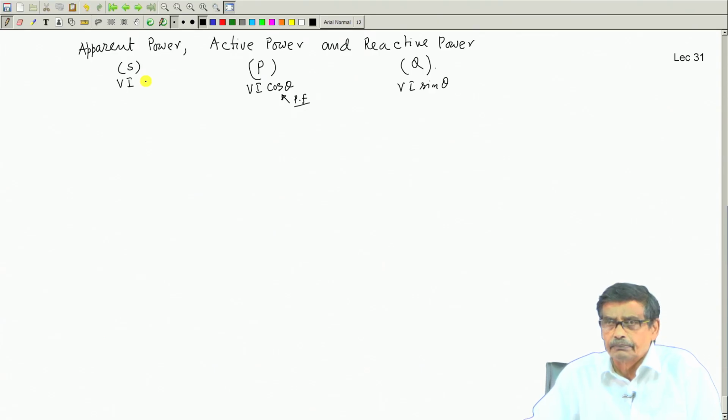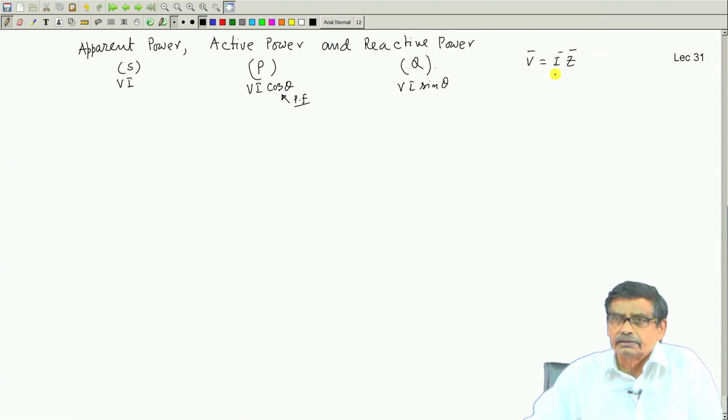using complex algebra. We adopted this complex analysis, of course only for a sinusoidal source, because of the fact that V bar equals I bar into Z. This is the important thing, which is similar to V equal to I R. The bar over these indicates they are all complex numbers.